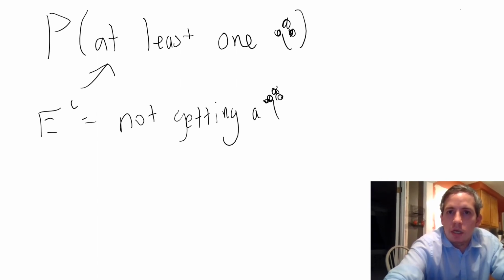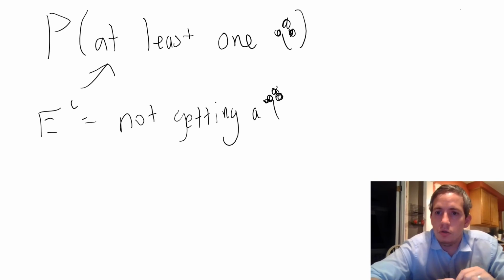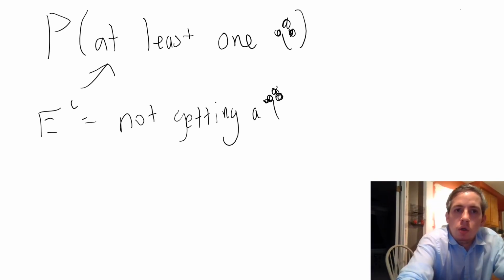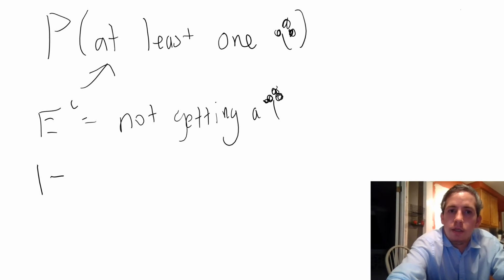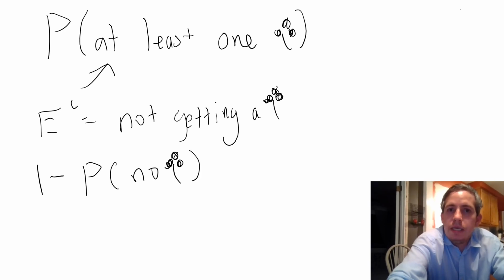The reason I bring this up is because it's actually easier to take the probability of not getting a club. Now remember that if I add up the probability of getting a club and its complement, it should add up to 1. That means that 1 minus the probability of no club would be equal to the probability of at least one club.